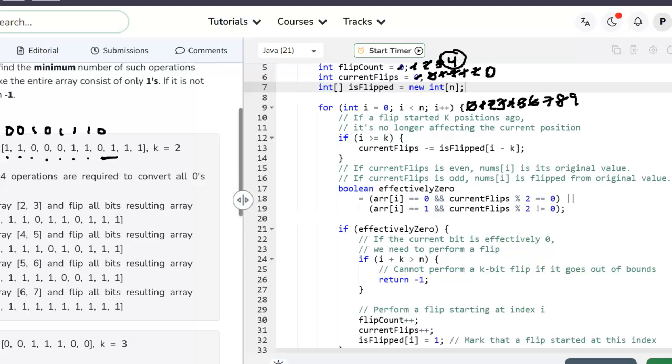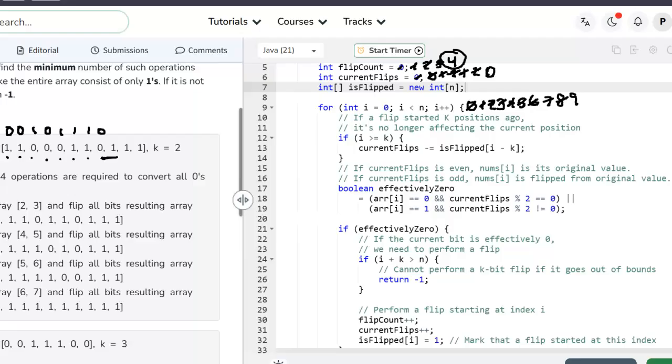All right, so let's review this. Current flips. We're taking a greedy approach to this. Anytime we see a 0, we flip it. And we flip a group of k numbers. Now we have to keep track of current flips in the window, because starting from where we flip it, there's going to be k numbers that get flipped. So when we go to these next numbers, they are potentially not going to be what they look like.